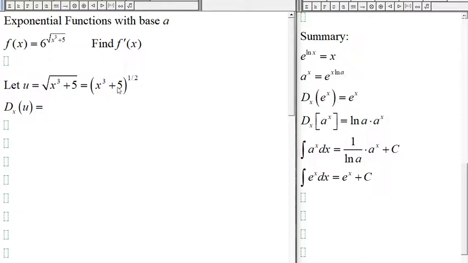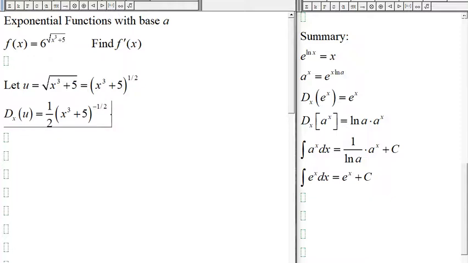And so the derivative, by the chain rule, would be 1/2, and then x to the third plus 5, and then subtract 1 from the exponent, and we get negative 1/2. And then times the derivative of x to the third plus 5. And that's the chain rule.